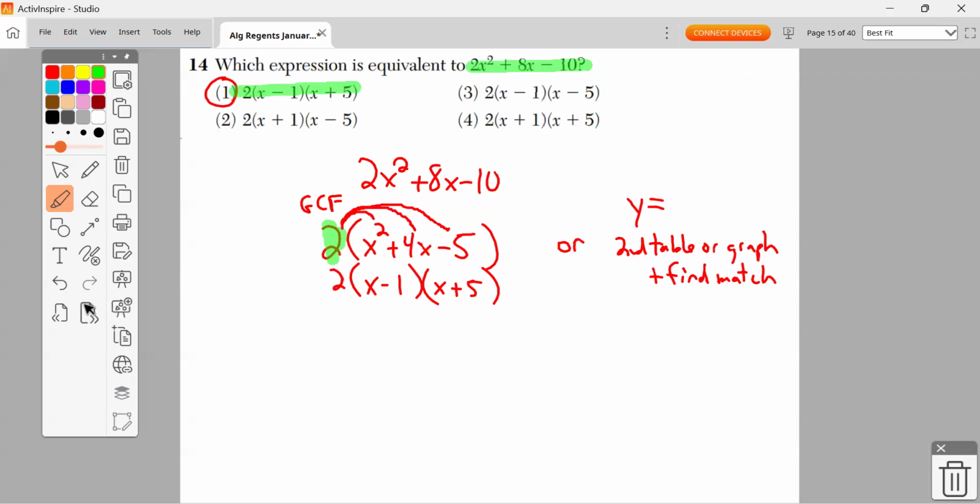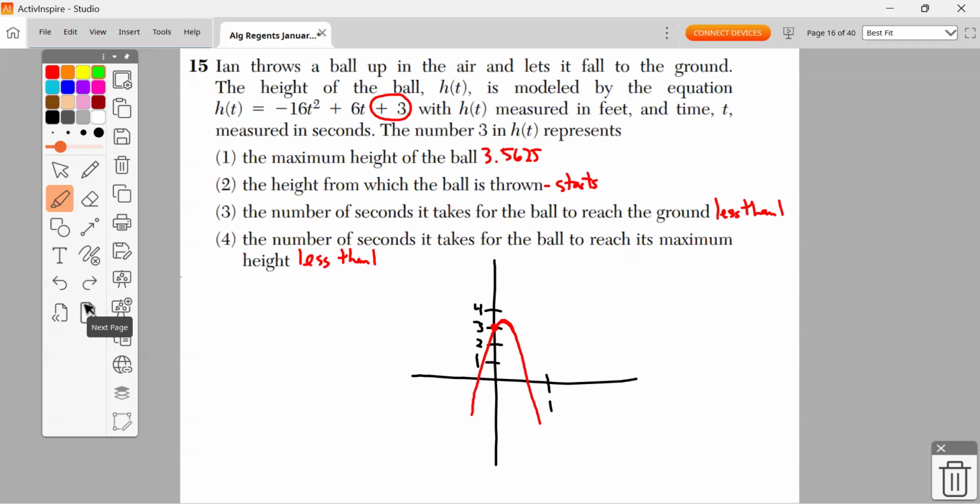In question number 15, Ian throws the ball up in the air and lets it fall to the ground. The height of the ball is modeled by the equation negative 16t squared plus 6t plus 3. The number 3 in the equation represents what? Well, if you go to graph this, you'll get this picture. It says the 3 is the maximum height of the ball.